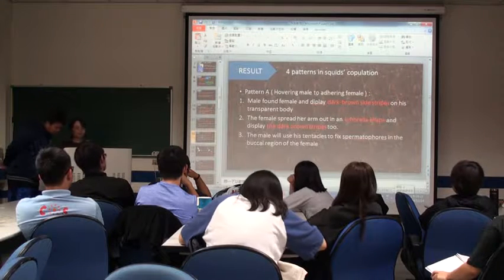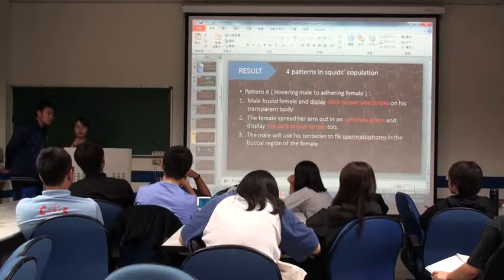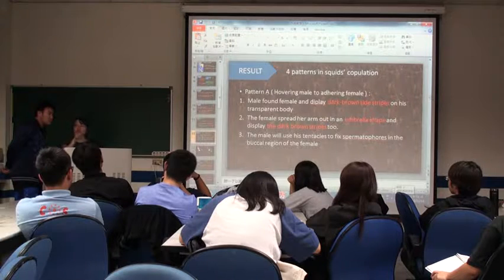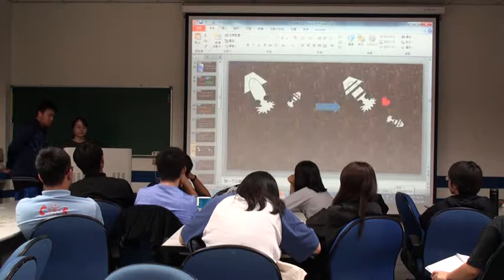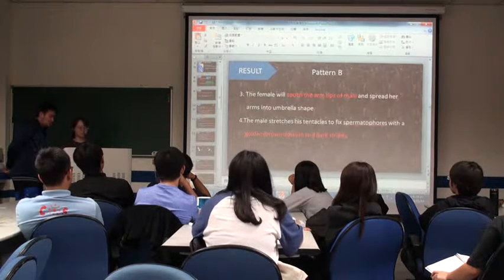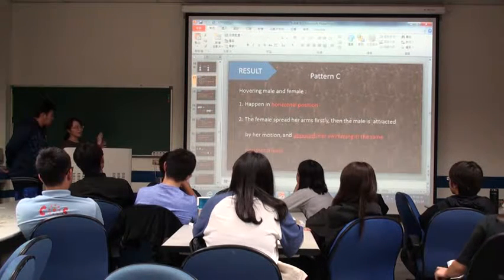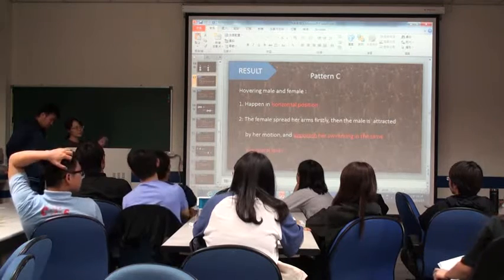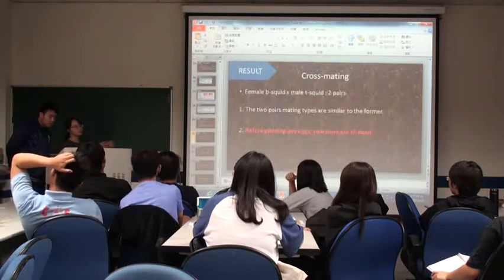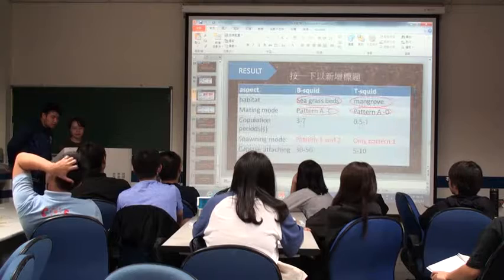And then at the end, one of the audience asked which pattern is more often in which squid. I don't know if you have such a table. If not, then you should make a table saying, okay, pattern A, B, C, D, squid A and squid B, and then compare.